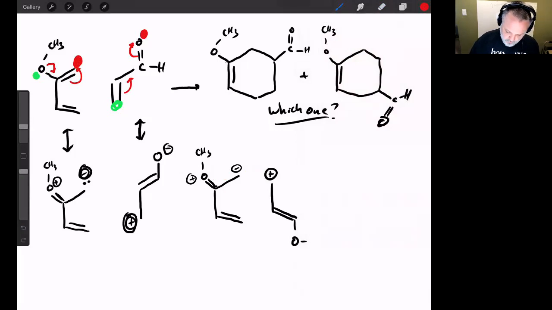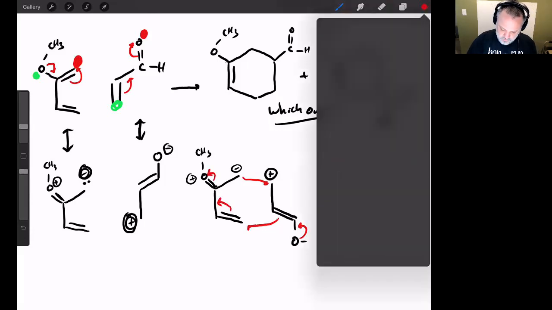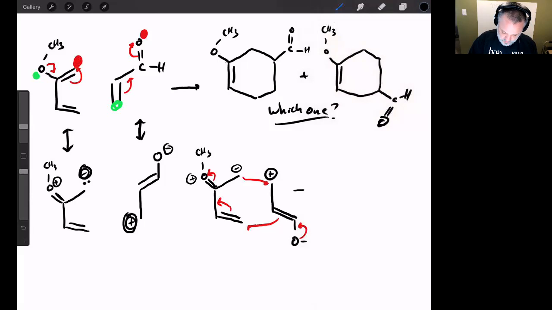and we can show the mechanism. It's a little bit more complicated to show it with this particular picture, but it can be done. And we get back to our 6-membered ring.